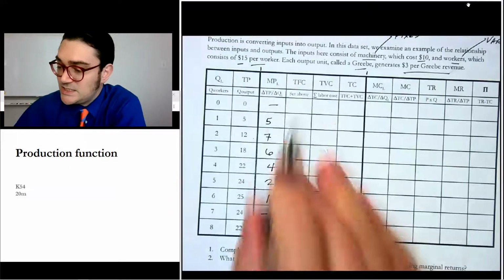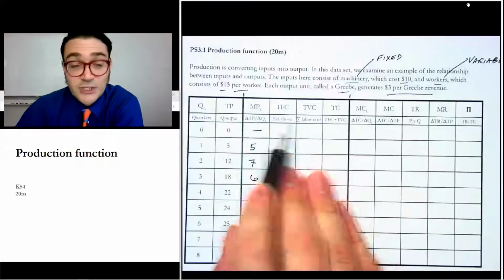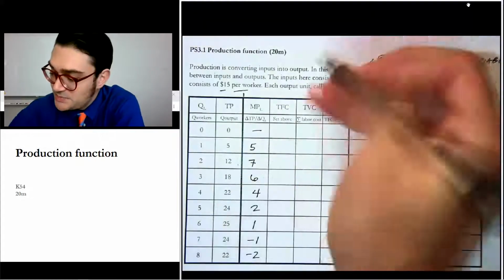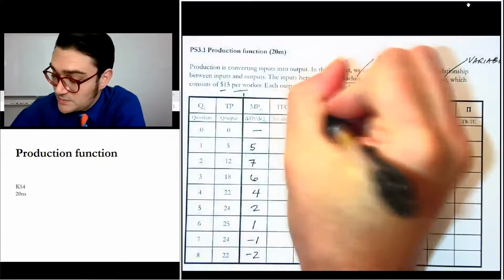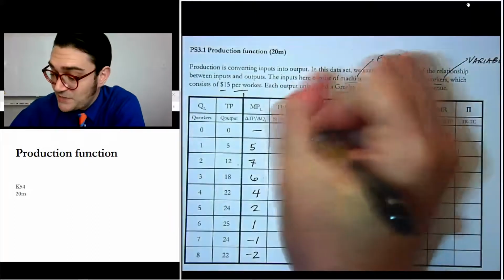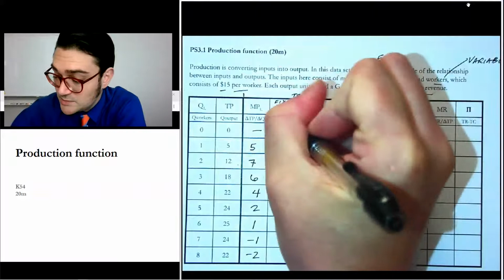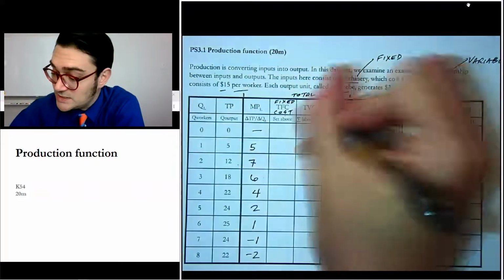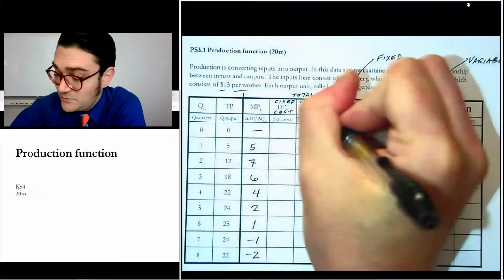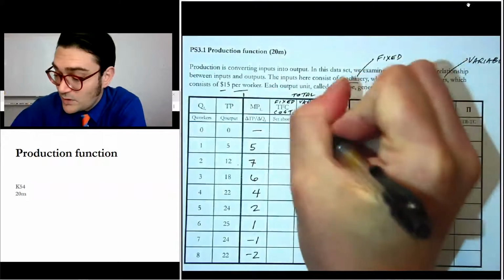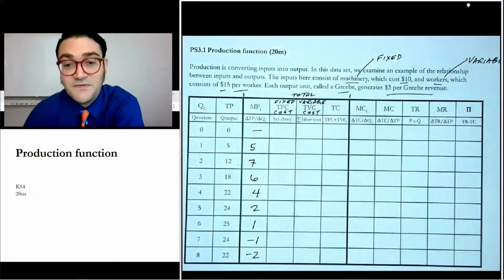Now it says TFC. TFC is an abbreviation we haven't seen before, but it just means total fixed cost. And this one next to it means total variable cost, TVC.